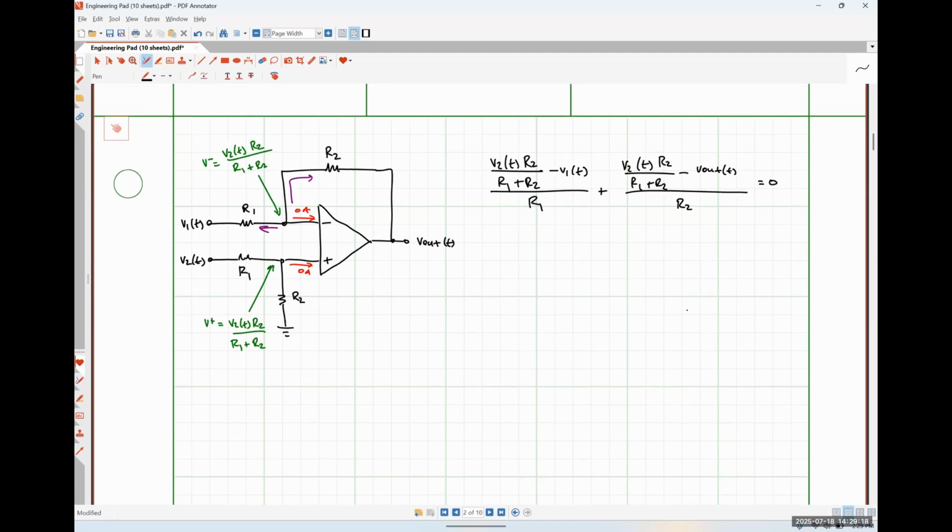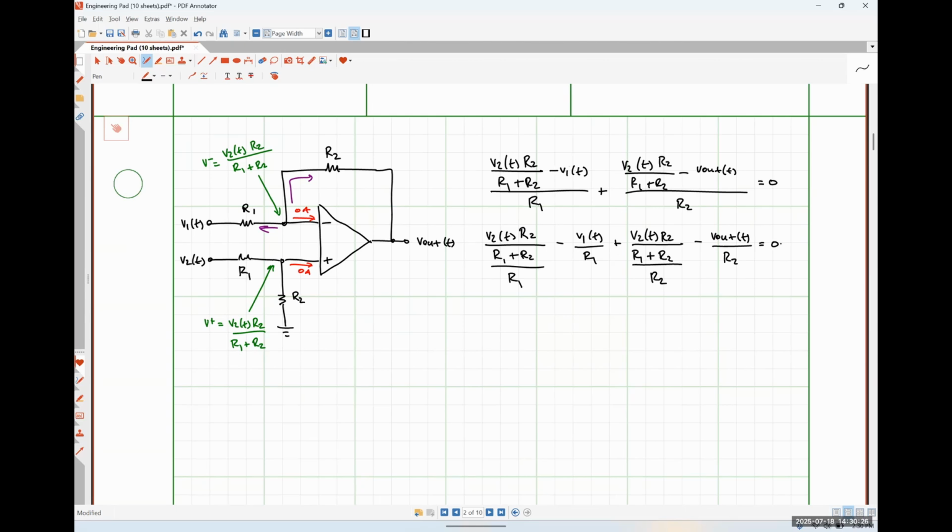So I'm going to manipulate this a little bit here. Let's make this look like V2 times R2, divided by R1 plus R2, divided by R1, minus V1 over R1, plus V2 R2 over R1 plus R2 over R2, minus V out over R2 is equal to 0.